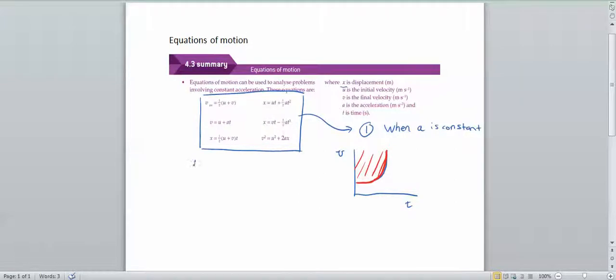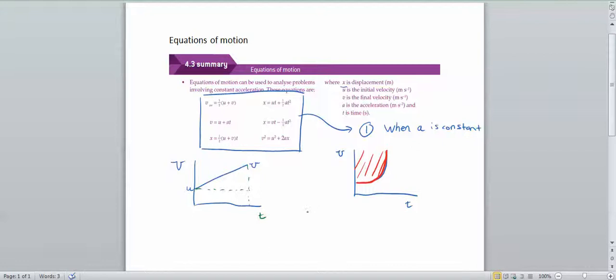So for example, if we were to have a velocity time graph which looked like this, let's just say it started at a speed not 0, and we'll call this initial speed u, and we'll call this final speed v. We can only use these equations of motion for this. Now, that's all well and good. Now let's use this graph that I've just drawn to try and derive some of these.